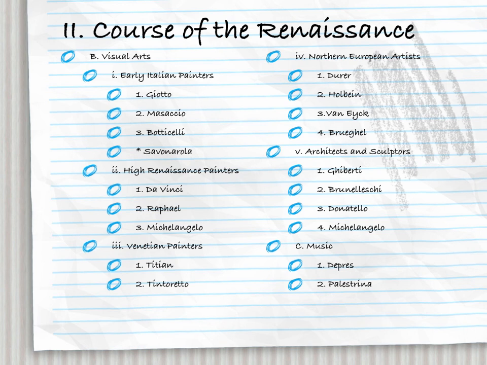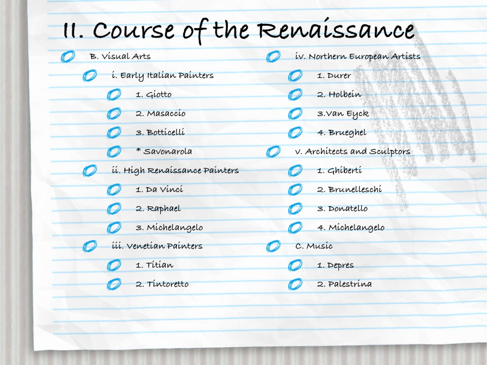So just take a look. If you look in your notes, you'll see that I took each section and told you these were the painters that you need to know. I want you to put with each painter what development and which major works of art you can associate with them.